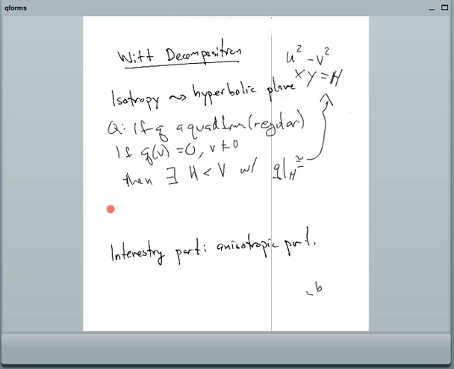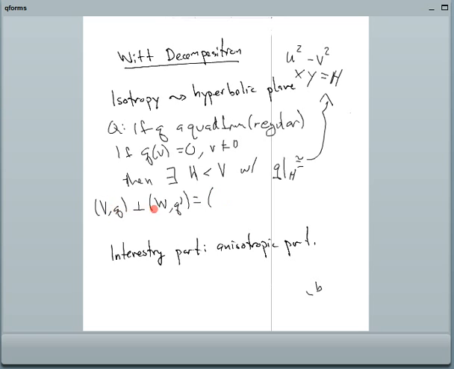Moreover, there's a natural way to take different quadratic forms and combine them to make a new one. It's called the orthogonal sum. If I have V, Q, one quadratic form on a vector space, and some W, Q prime, you can form the orthogonal sum in the following way.